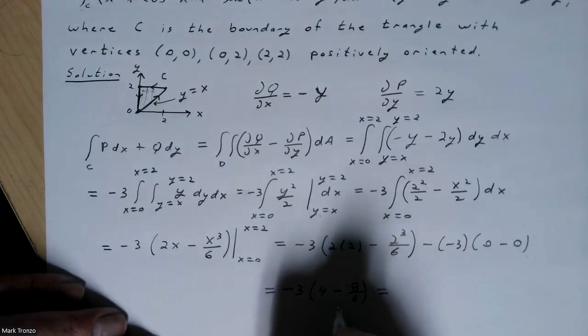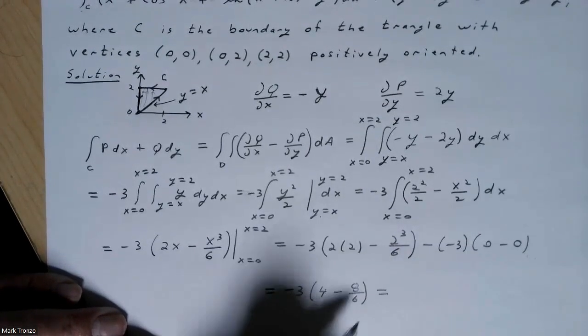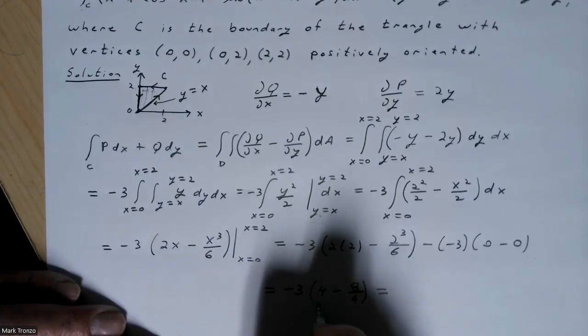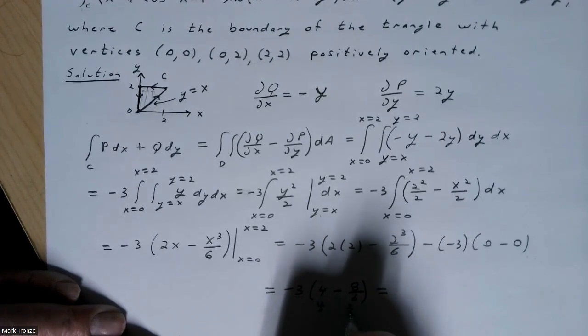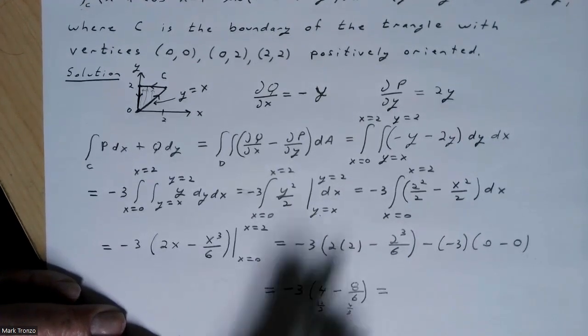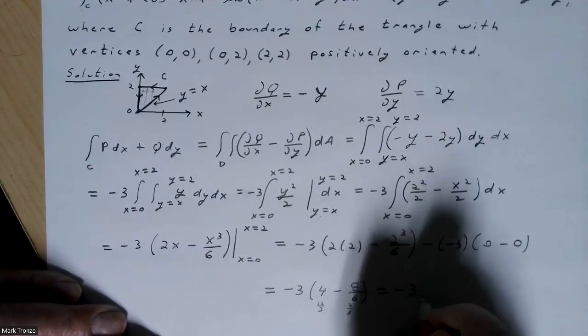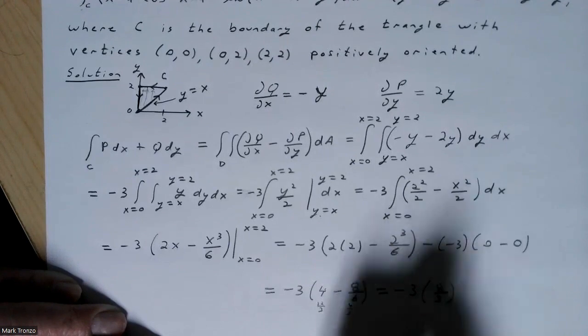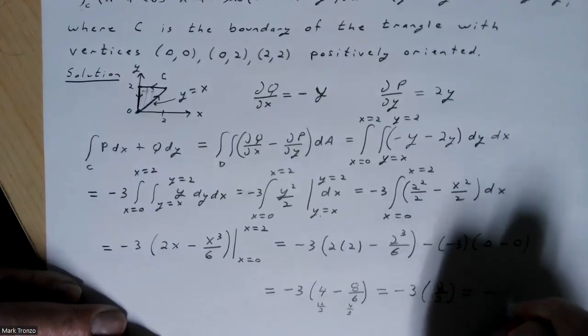And so if we simplify this, this is going to be 4/3, and this is going to be what, 12 thirds and 4/3 here. So that'd be 8/3. And the 3's cancel.